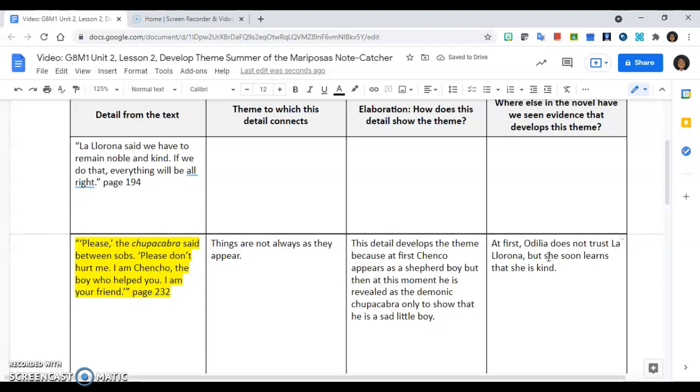Now, another place things are not always as they appear is when they met Cecilia. The sisters trust her only to discover she is evil and wants to trap them.